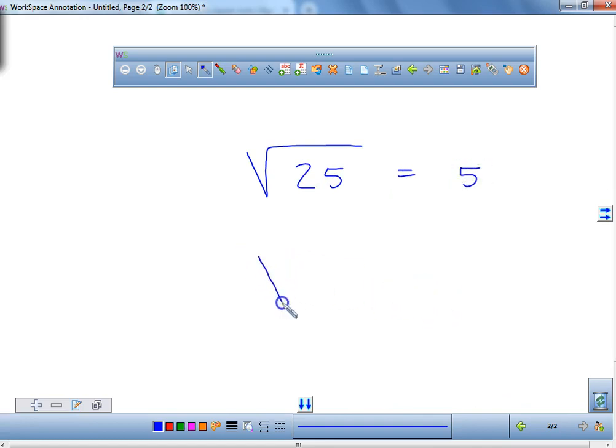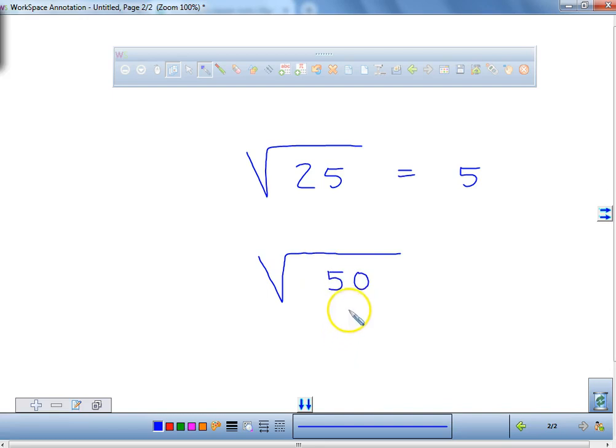Well, what if I said, how could I simplify the square root of 50? There's no two numbers that are exactly equal, that are real numbers that multiply together to equal 50. But do we know some factors of 50? What number goes into 50?